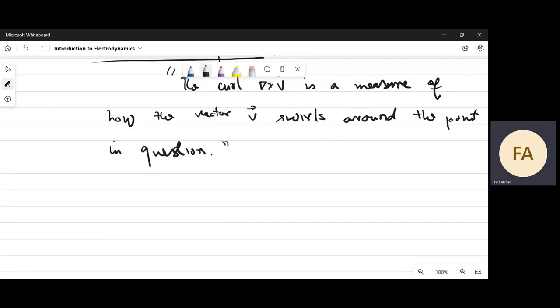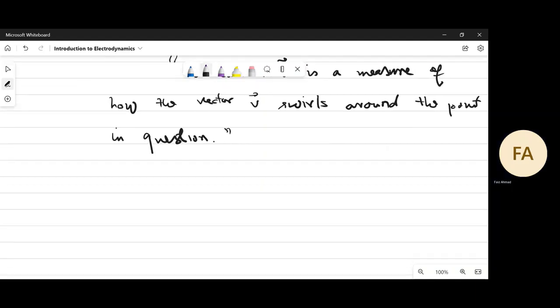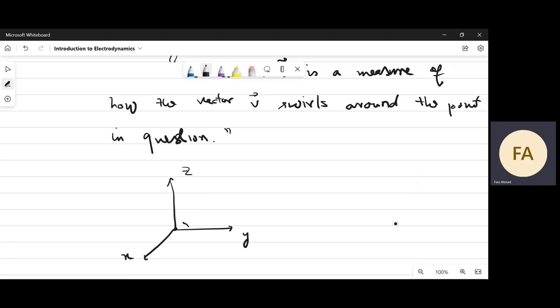For example, we have a V like this, and a point here. So the field is like this.